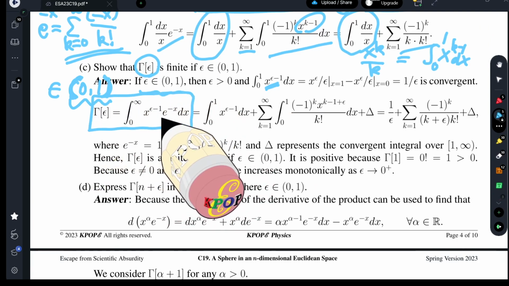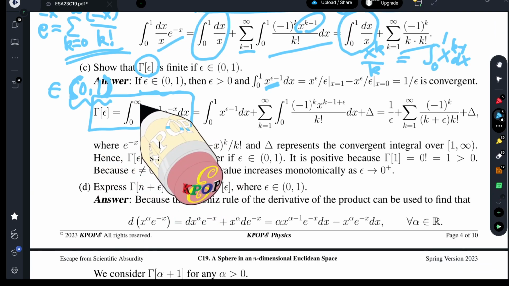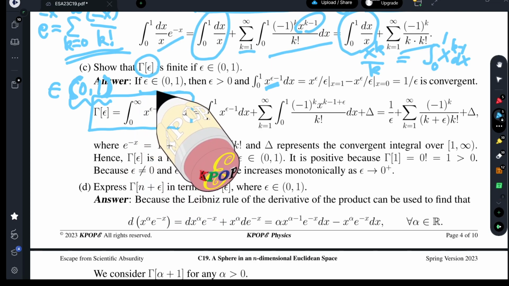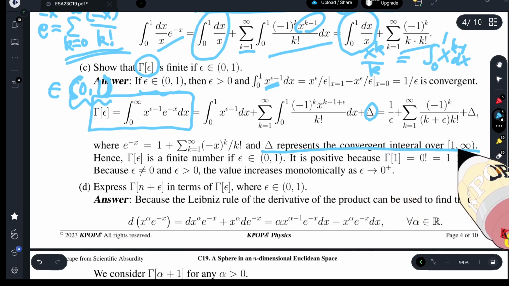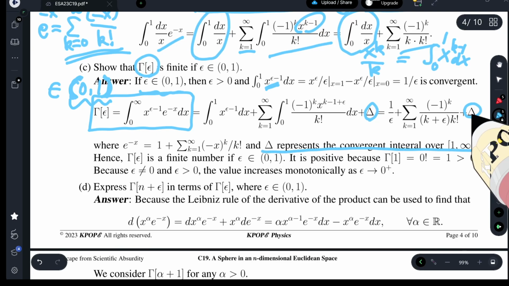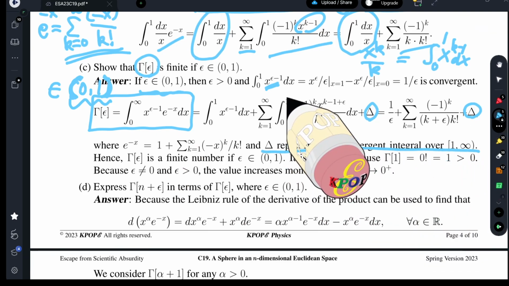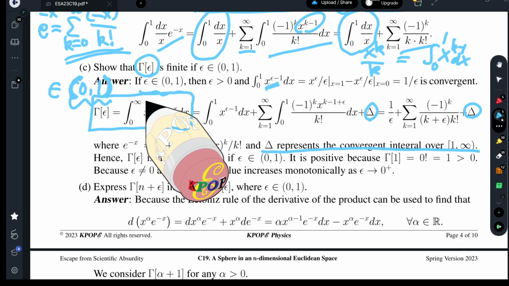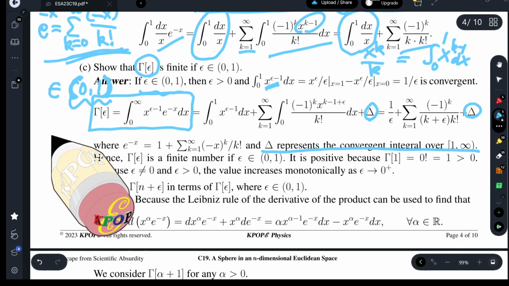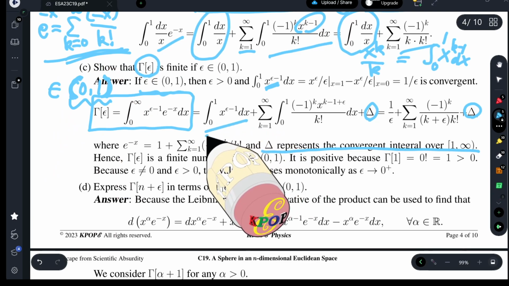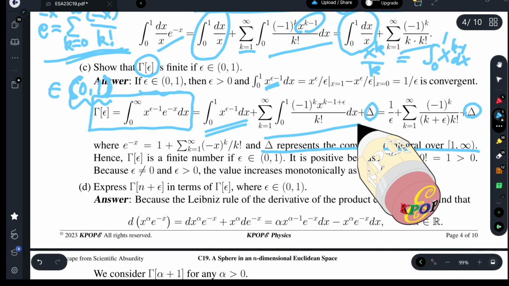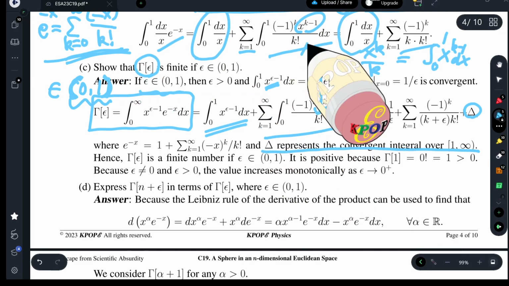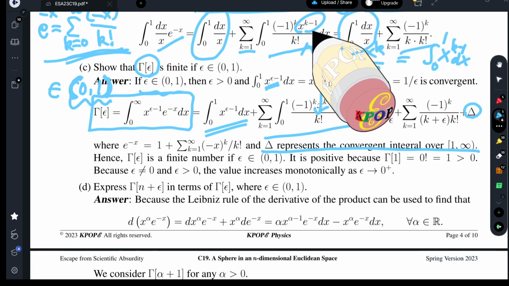We divide this into two pieces, the integral over 0 to 1 and 1 to infinity. The second part represents the convergent integral over 1 to infinity. The integral from 0 to 1 can be expressed by making use of this series expansion. The initial term gives this, and from the next term on is this, which was already computed as epsilon goes to 0.